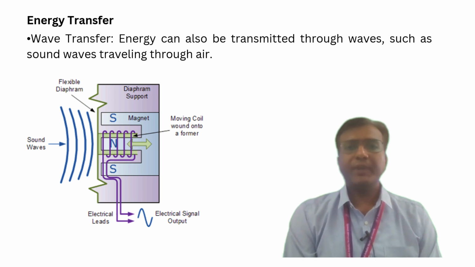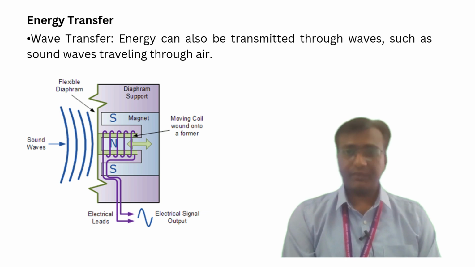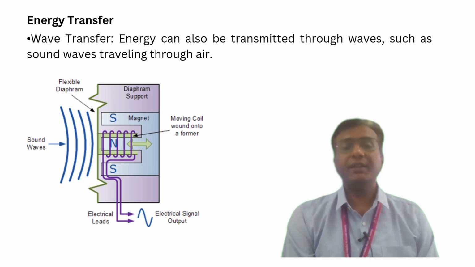In addition to mechanical and heat energy transfer, energy can also be transferred through waves. This form of energy transfer is often less obvious but just as important, playing a critical role in various technologies and natural phenomena.